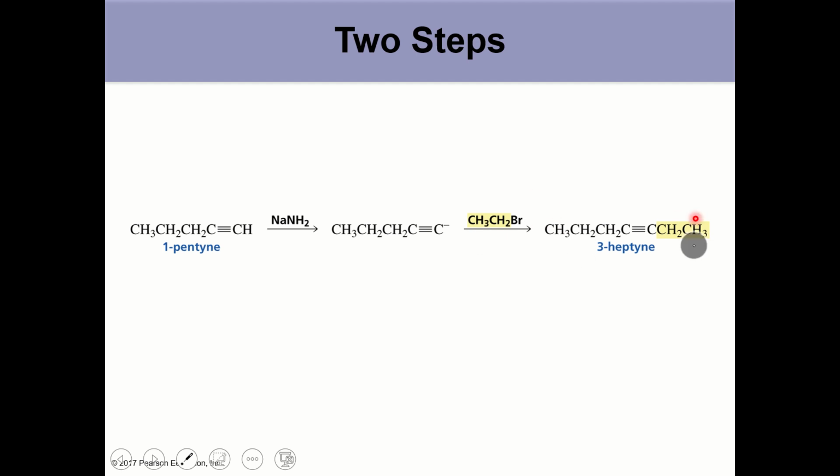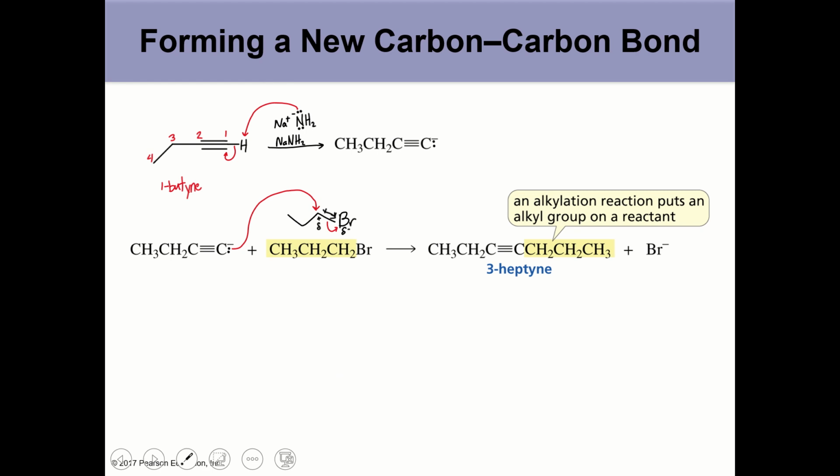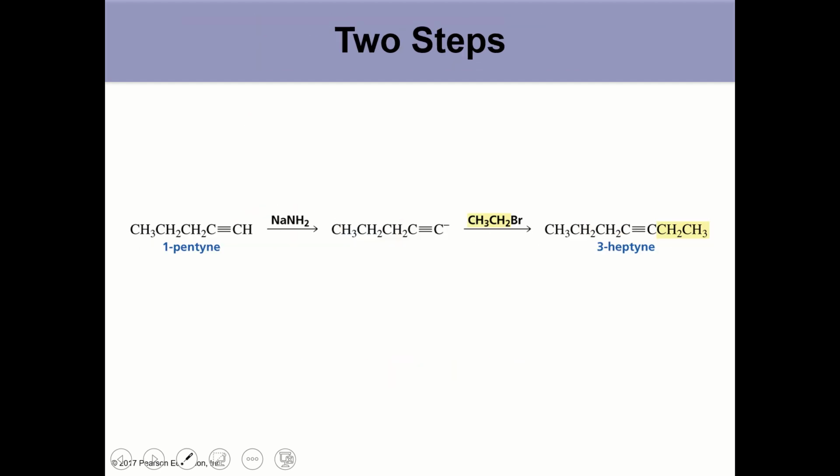Notice that the 3-heptyne produced here is the same as the 3-heptyne produced here. What is different is the size of the acetylide ion and the size of the alkyl halide. Based on the position of the triple bond, we could start from the side of the triple bond that has 5 carbons or 4 carbons.